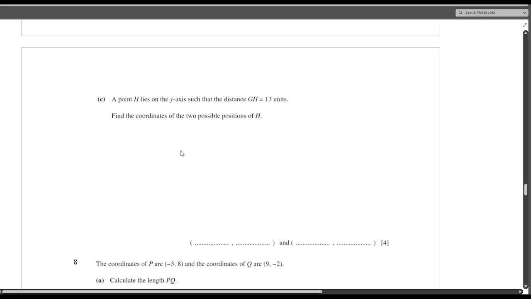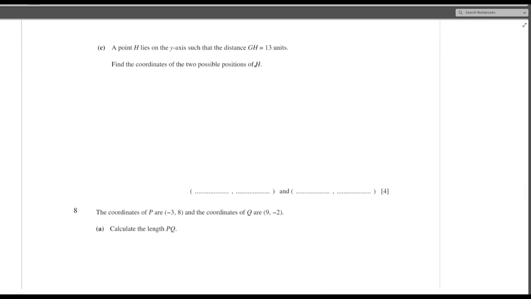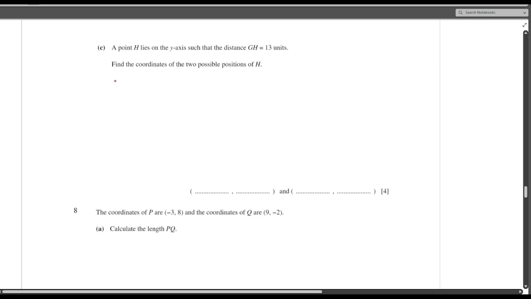Part C: a point H lies on the y-axis such that distance GH is 13 units. Find the coordinates of the two possible positions of H. Okay, now see here, this is your x-axis, y-axis.